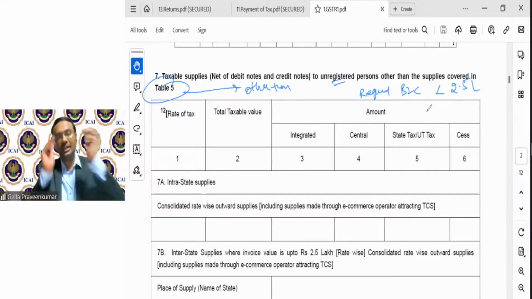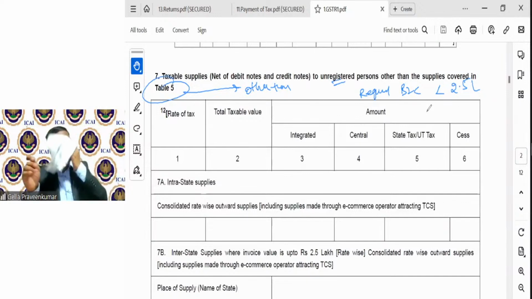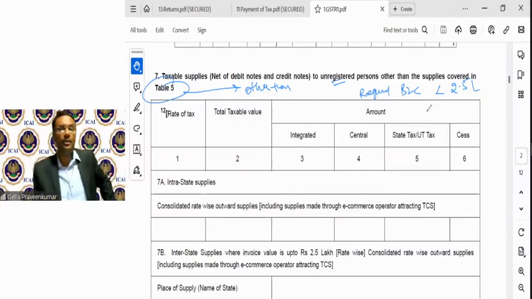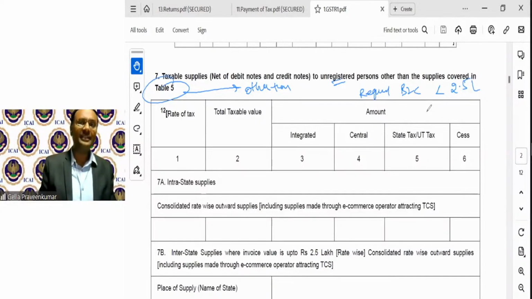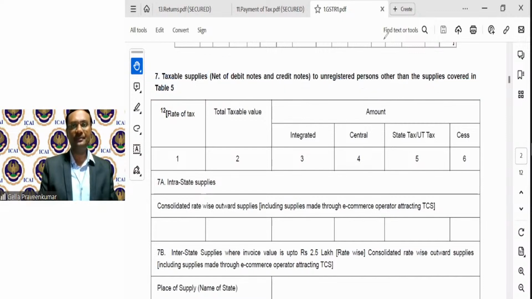Now, as a policy matter, government is interested to check only those transactions where it is a B2C supply more than 2.5 lakh. It is not interested in this transaction. That's why here invoice-wise data is not required. But what do I have to do? Net transaction I have to do. So answer to your question, Viraj, not required. Let me check the next question.